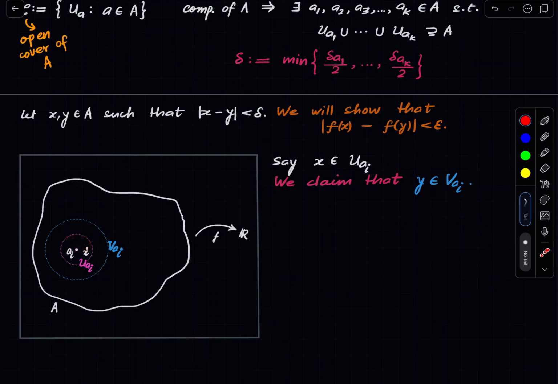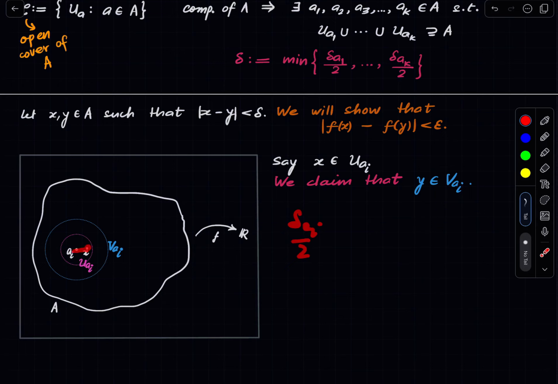Just to rewind, we already know that the distance between x and AI is less than delta AI by 2 because x is lying in this pink ball. X had to lie in at least some pink ball, and let's say this is that pink ball. So the distance between x and the center is less than the radius, and the radius is delta AI by 2. Fine.